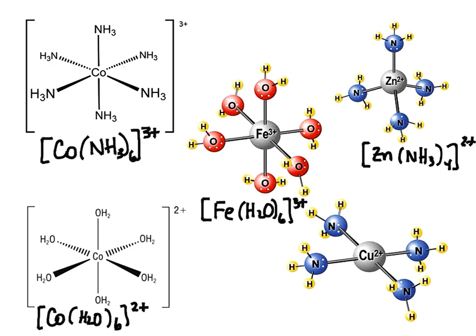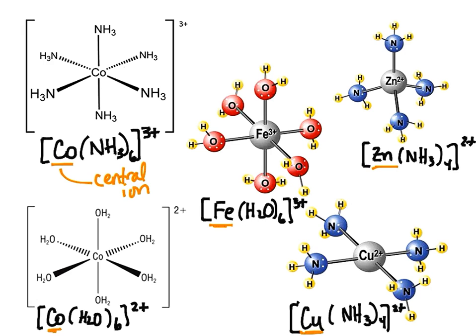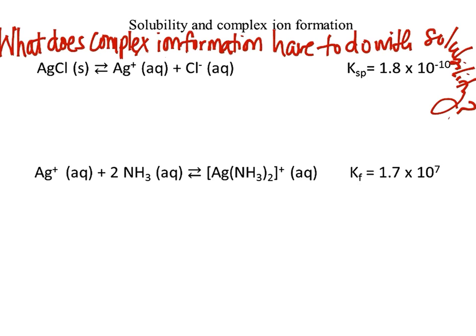The waters are neutral, so the overall charge is +3. Zinc with 4 ammonias attached in the upper right hand corner with +2, and then a copper with 4 ammonias attached, and it's an overall charge of +3. So the central ion in each case I'm underlining in orange, and then the ligands I'm underlining in green. The overall charge is a combination of both of those.